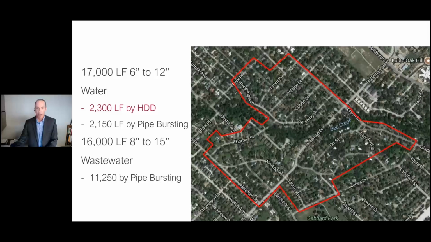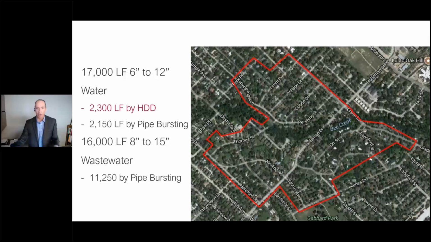You can see about 2,300 feet was installed by HDD, but these were in much shorter segments. The reason that we were using horizontal directional drilling in this neighborhood was to avoid large trees, other landscaping, driveways, intersections, things just to minimize disruption to this very well-established neighborhood.